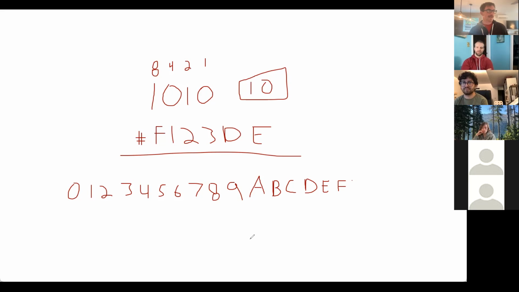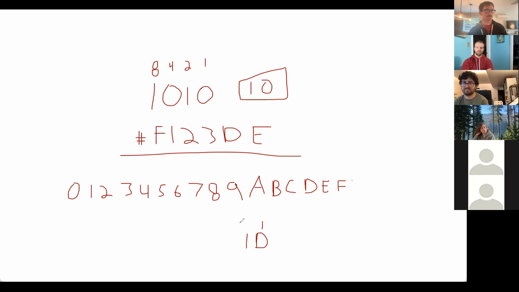So if I were to ask, hey, what number is, let's just do something a little simpler, like 1D. What number is that? Well, with hexadecimal, this becomes your 1 spot. That's always going to be the 1 spot.